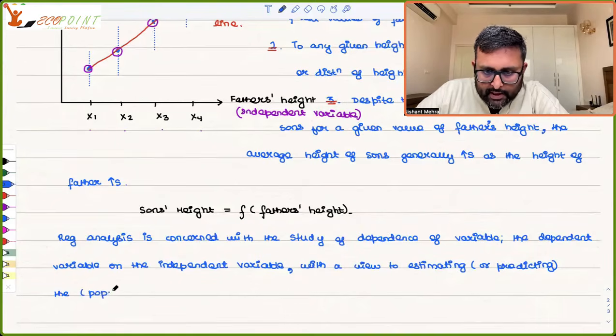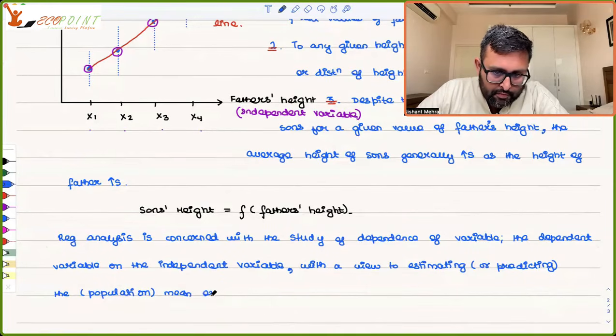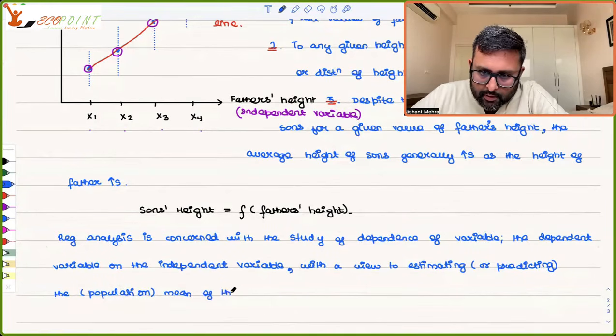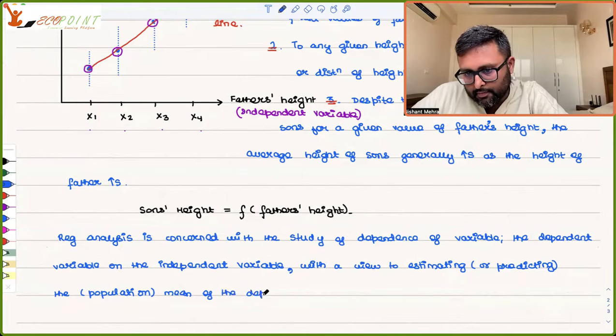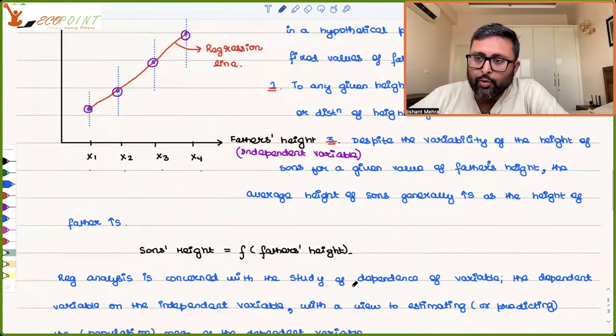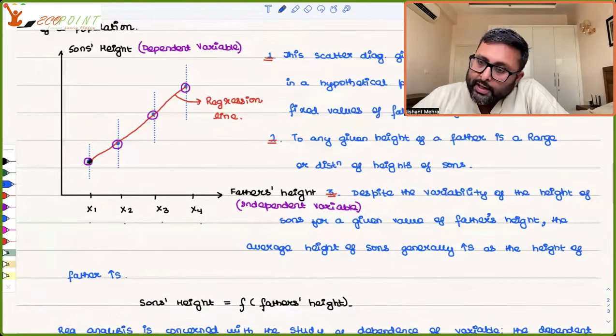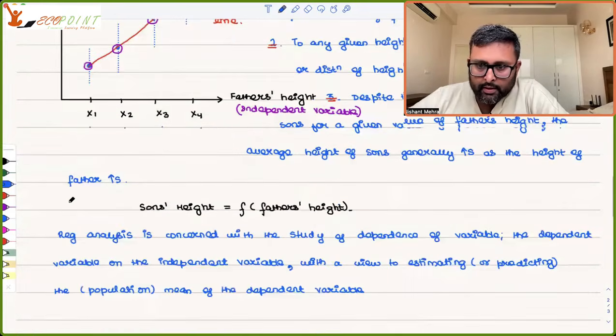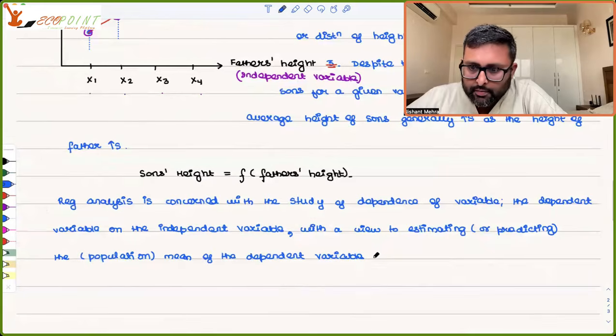I have not yet told you what is population mean and all. Predicting the mean of the dependent variable. So isn't this the thing which you are doing right now here? So are you not predicting the average of the dependent variable for a given value of the independent variable? That's what you're doing.